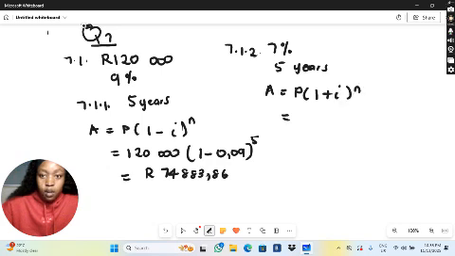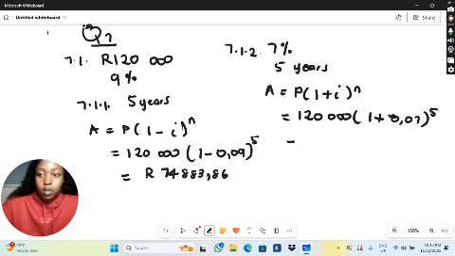Our P is still 120,000 into 1 plus 0.07 to the power of 5. So our answer is 168,306.21.